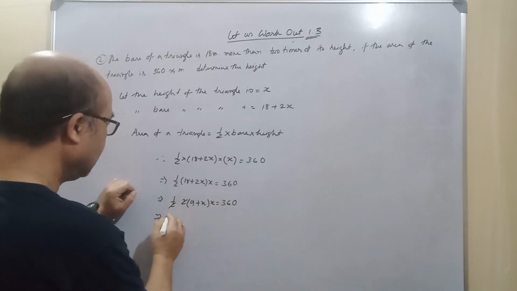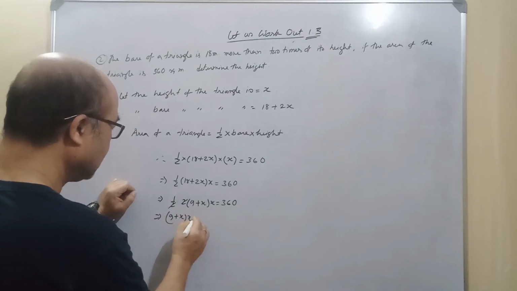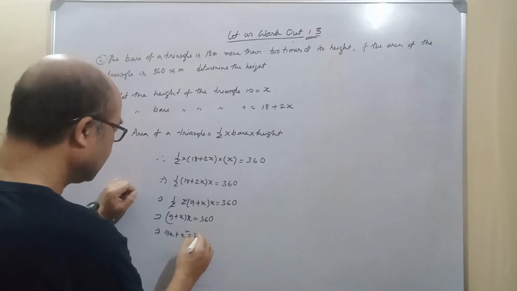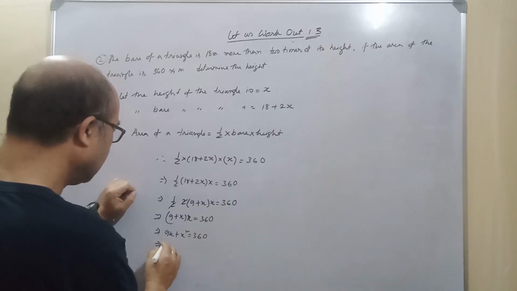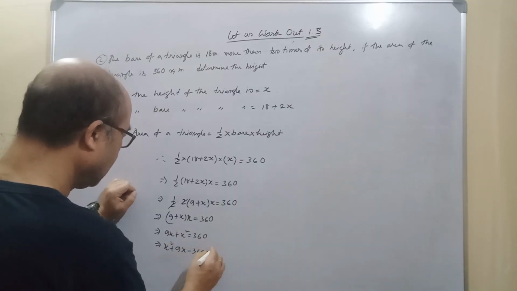Then this is cancelled. We get 9 plus x into x equal to 360. This is equal to 9x plus x square is 360. So this is actually a quadratic equation in the standard form.